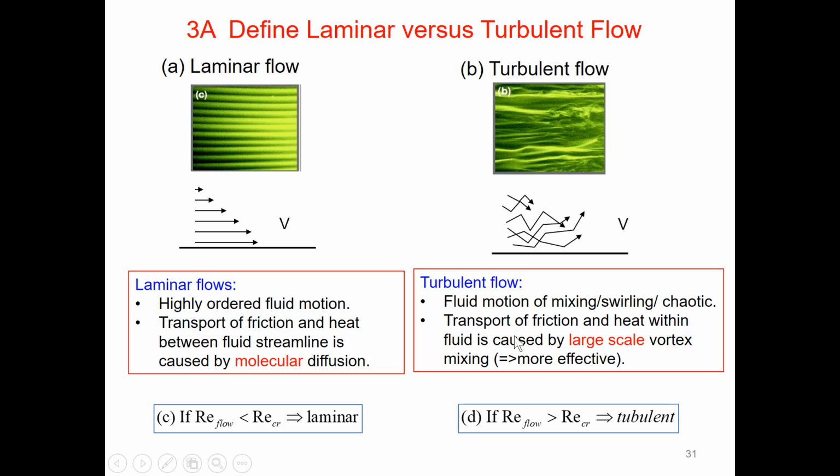Therefore, the transport of friction and heat within the fluid is carried by this large-scale vortex mixing. Second, we can use the Reynolds number to determine the flow pattern, whether it is laminar flow or turbulent flow.